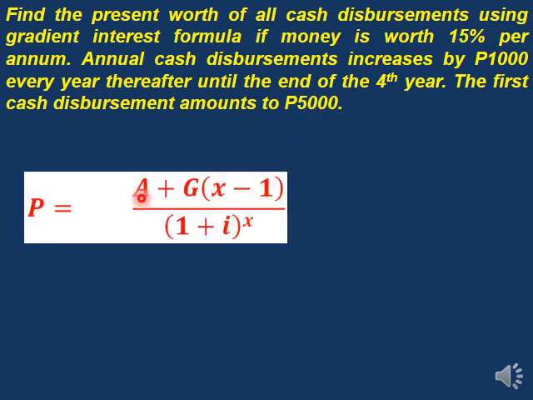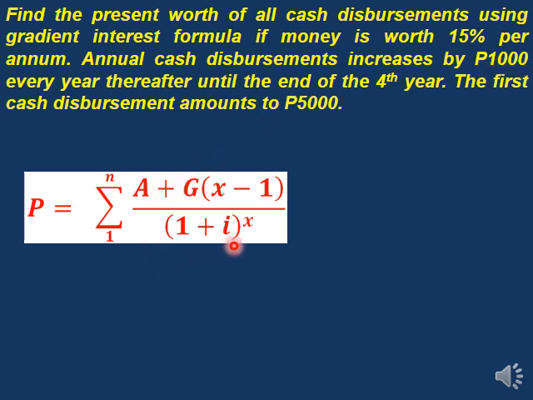Our first cash flow is 5,000. The increase in cash flow is 1,000 times the variable x, and then we compute the summation. Okay, take note that if the cash flow is increasing, the sign of G is a plus. But if the cash flow is decreasing, the sign of G is a minus.